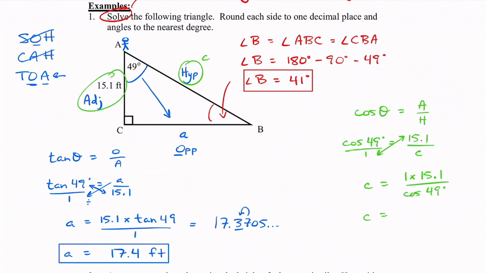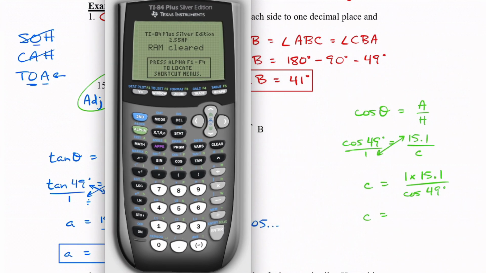This one I'll actually show demonstrating it. So turn it on, and then we're going to go 1 times 15.1, and then divide by cos of 49, and then make sure you close your bracket around the 49. Okay, and then before I click enter, I know my calculator currently is in the wrong mode.